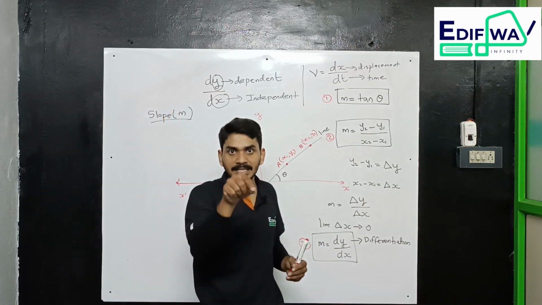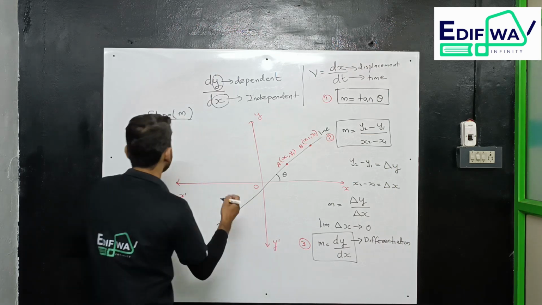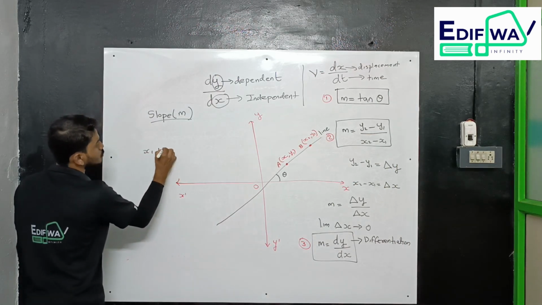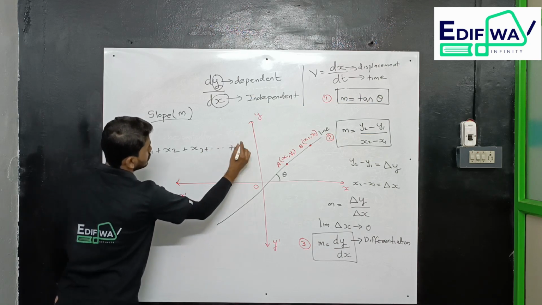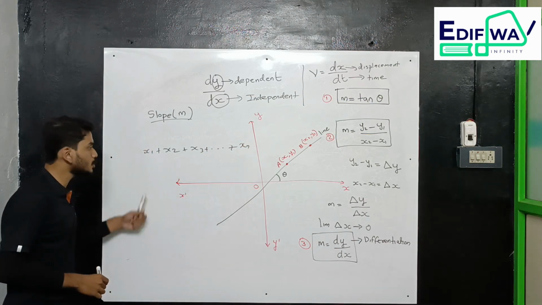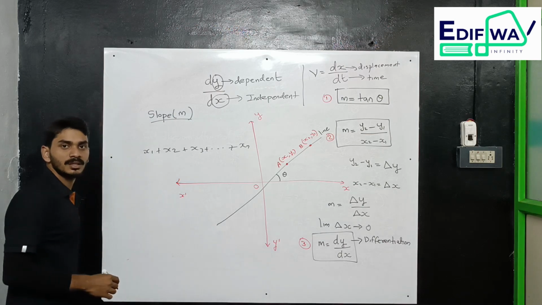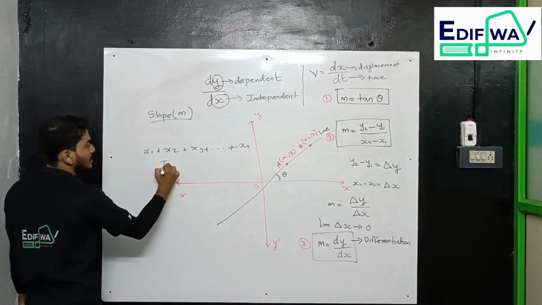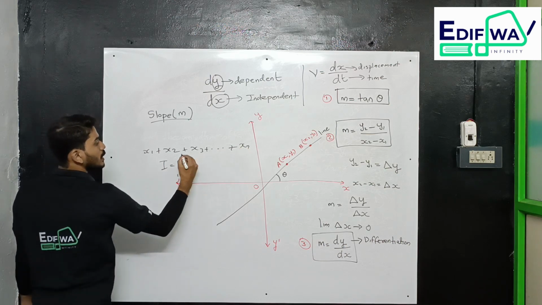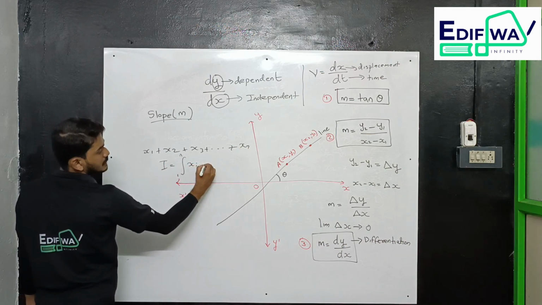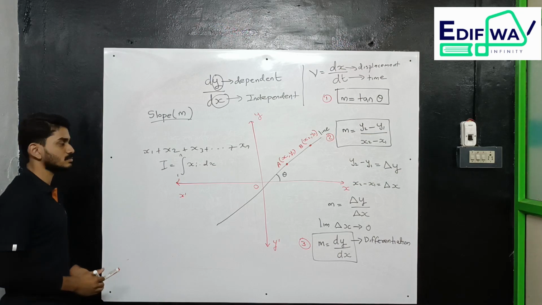So you will integrate xi. Suppose you want to add x1 plus x2 plus x3 plus, etcetera, plus xn. Then integration means you can integrate from 1 to n of xi dx. That's all.